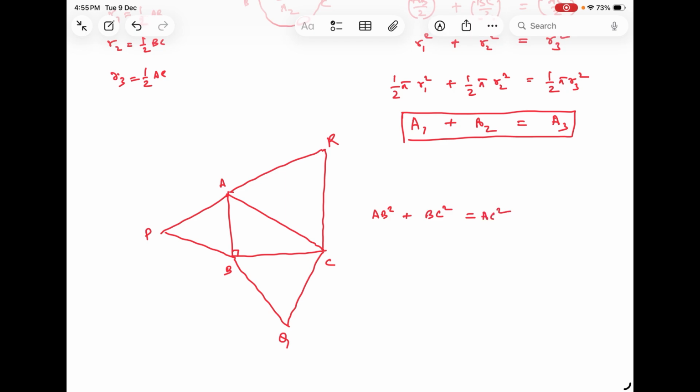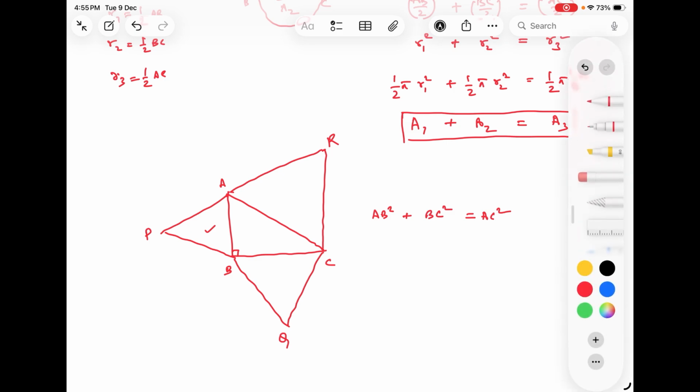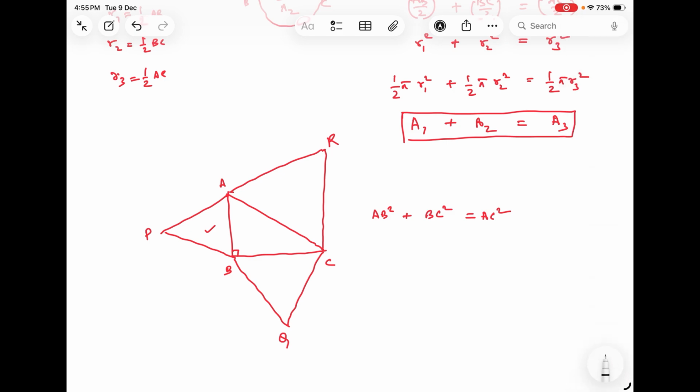Now, what is the area of an equilateral triangle? The area of an equilateral triangle is root 3 by 4 times side square.